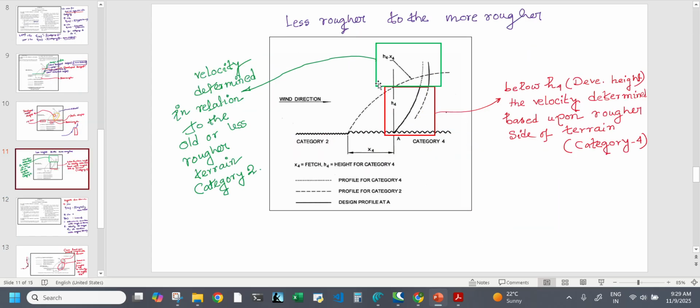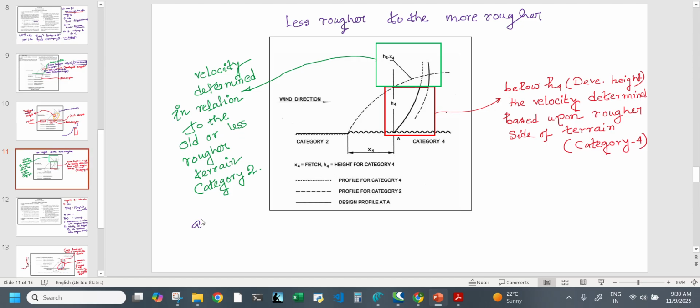Now, the rougher to the less rough: below, the velocity is determined based upon the rougher side, and above, in relation to the less rougher.